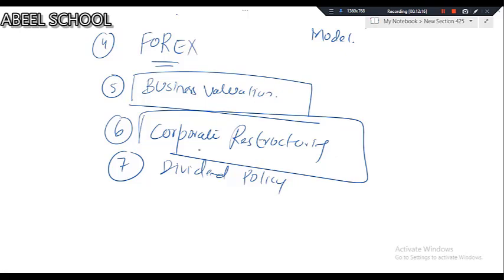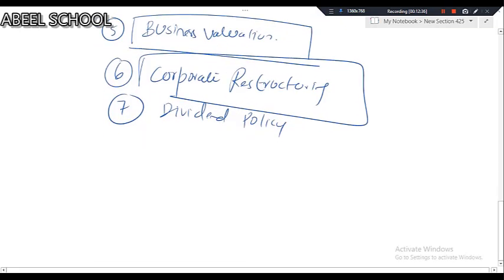Because most of the time which I have seen in the past papers, whenever the corporate restructuring question comes, the examiner normally asks students to prepare SOFP, and sometimes even asks to calculate EPS, gearing ratios and all these things. So don't worry, we will discuss past papers as well. After dividend policy, we'll go for valuation of debt.